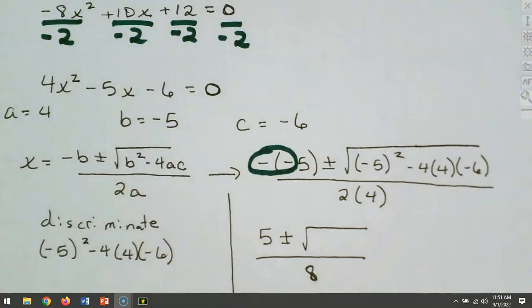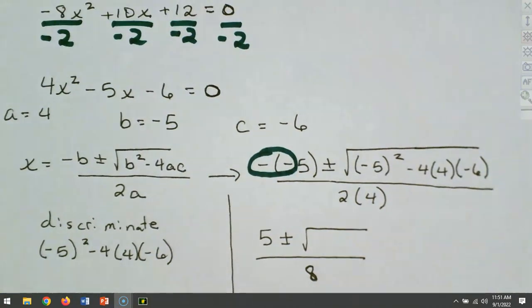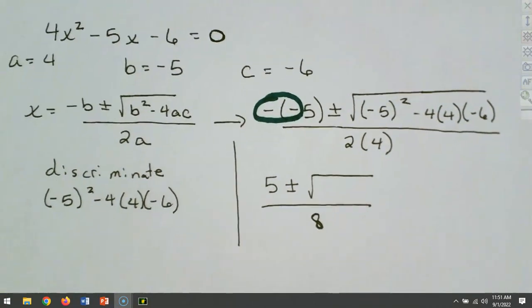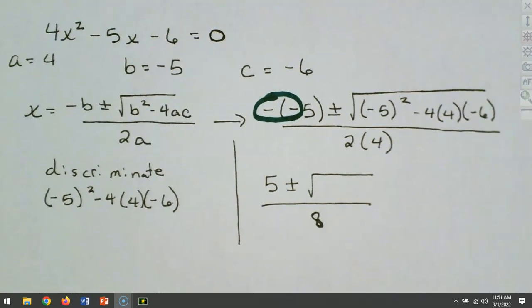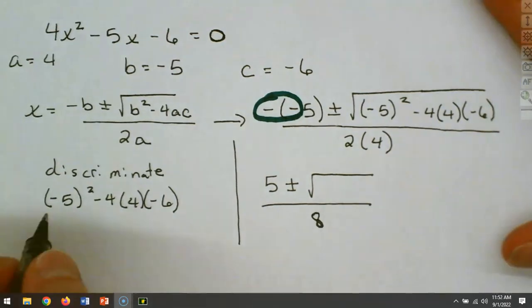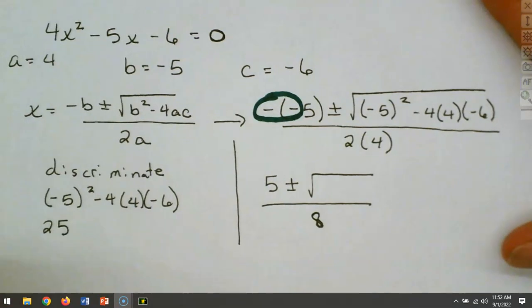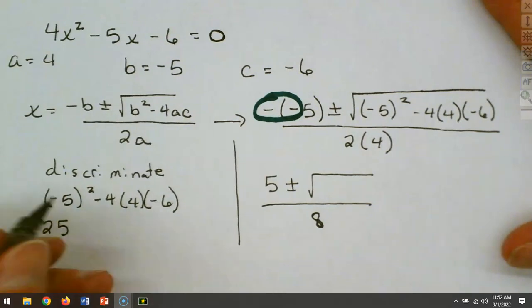Now the last one, it came out to be a non-real number. This one's going to be real. So this one's not going to be imaginary. This will be a real number. Negative 5 squared is positive 25. What about here? Watch your signs. A negative and a negative now makes that a positive.